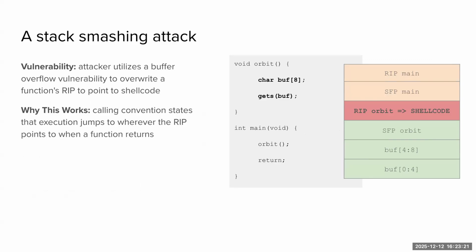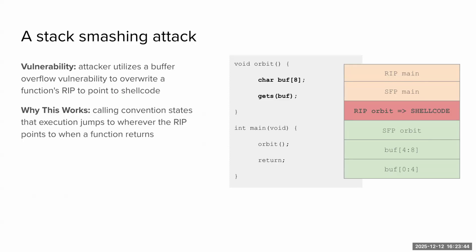This is the malicious code that we want to execute that causes something bad to happen. And if we overwrite the RIP with the address of shellcode, then once the orbit function returns, calling convention is going to restore the EIP to be whatever the RIP value was.